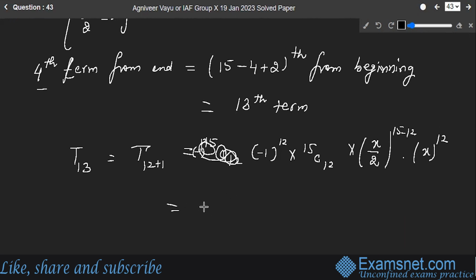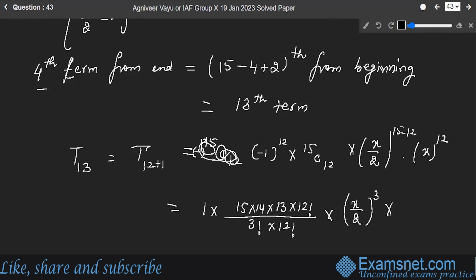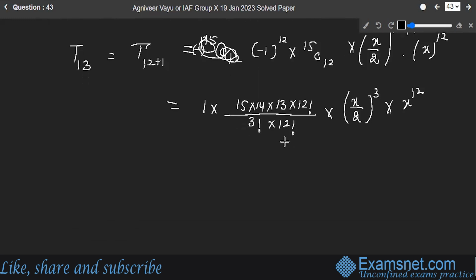So this is equal to 1 into 15 × 14 × 13 × 12 factorial divided by 3 factorial into 12 factorial, into (x/2)^3 into x^12. So this 12 factorial and 12 factorial will cancel, and 3 factorial is 3 into 2.